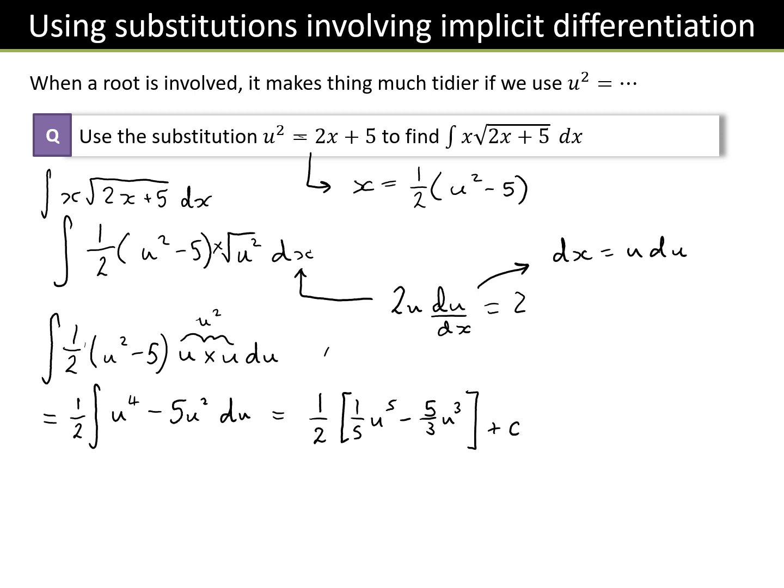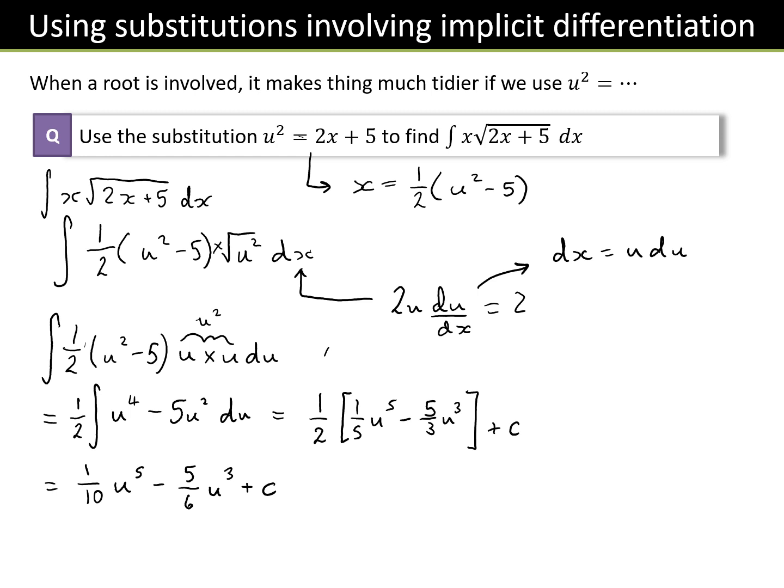Now, we're almost finished. Expand the brackets. Now, u, we don't want it, do we? We want x. So, we need to substitute u back in. However, we've got u squared.